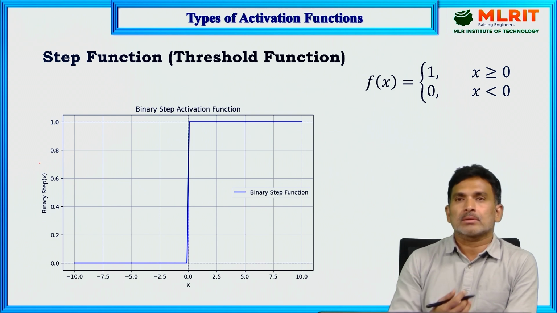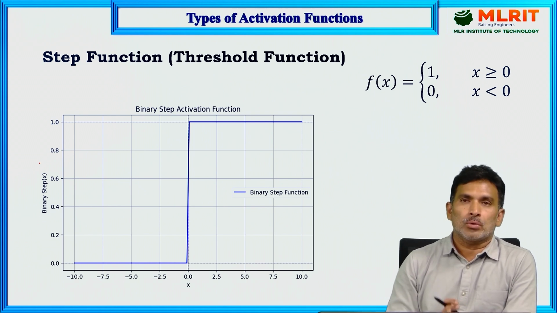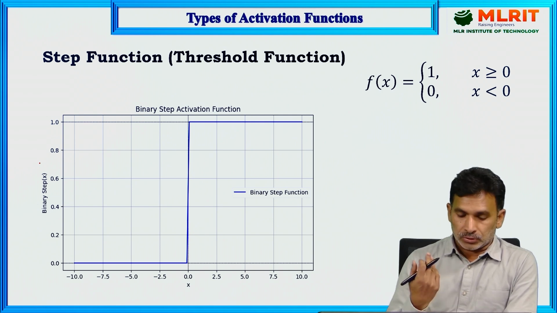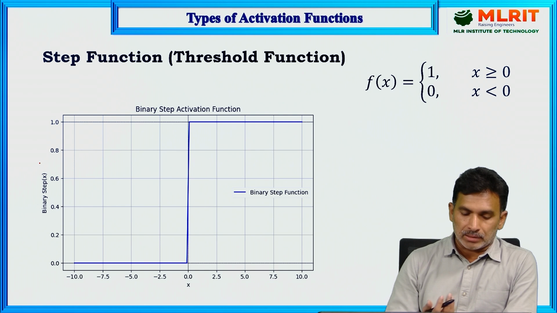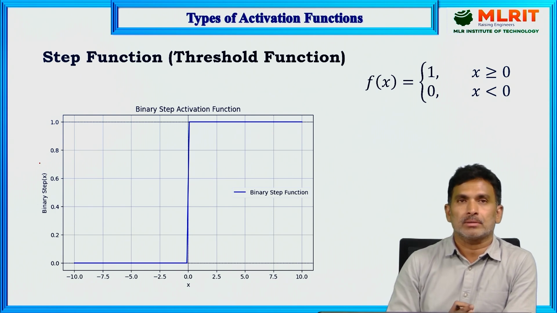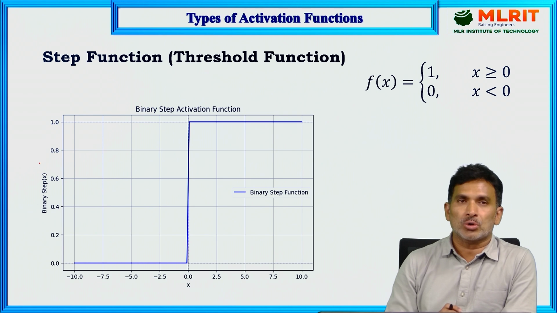Let us quickly go through four popular activation functions. Many other activation functions exist, but we are not going to discuss all of them in detail. The first function used in neural networks is the step function, also called the threshold function.